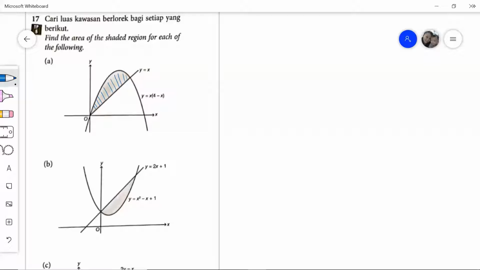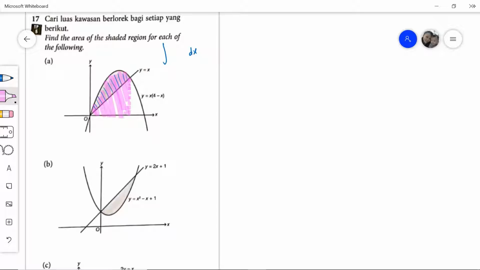functions. Now, as you know, when we integrate any curve with respect to x, we're actually shading towards the x-axis. Which means if I integrate the curve, I will eventually get this one, the pink shaded region.